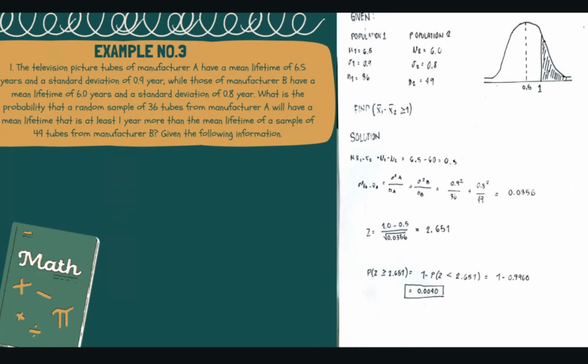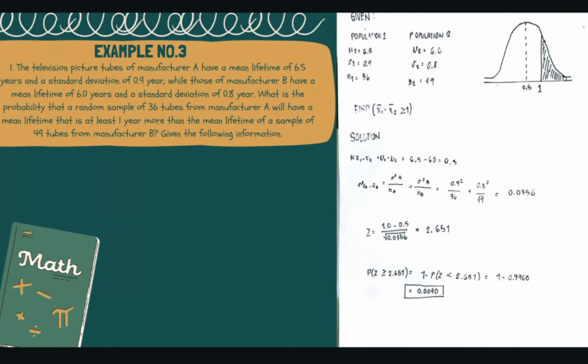Given mean A is equal to 6.5 and mean B is equal to 6.0. Standard deviation A is equal to 0.9 and standard deviation B is equal to 0.8. NA is equal to 36 and NB is equal to 49.